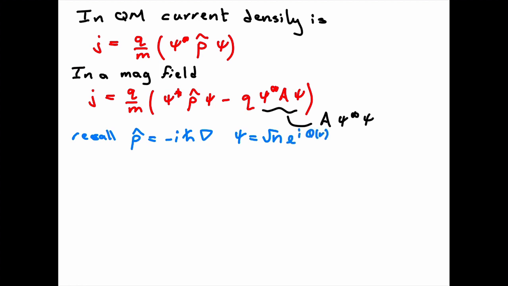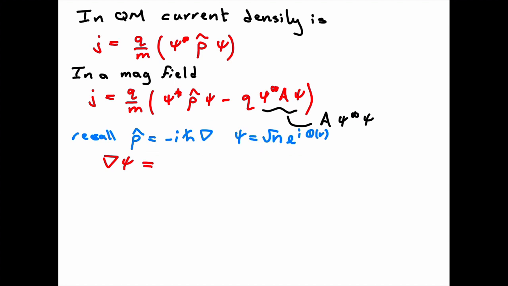So I'm going to take this wave function and pop it into there, given that this is P. So I'll need to be able to work out grad acting on psi.